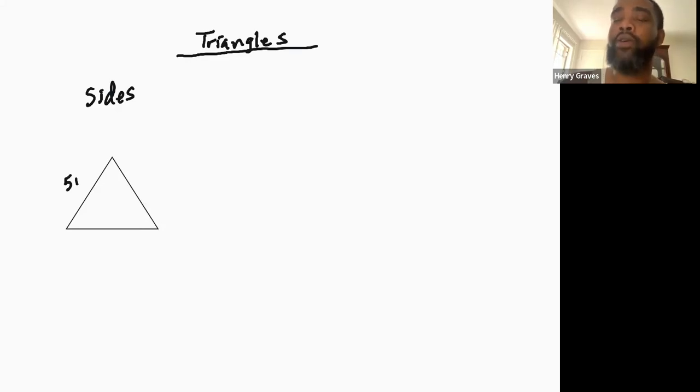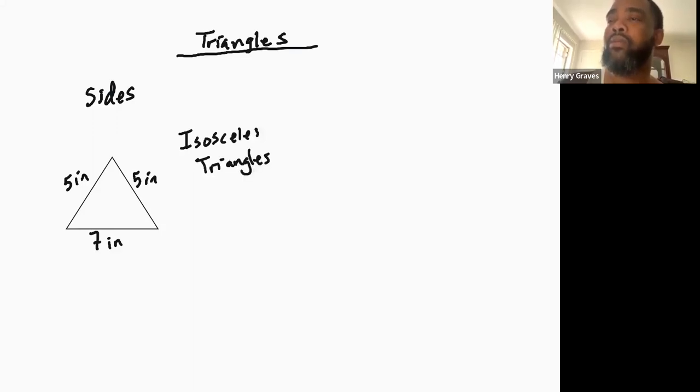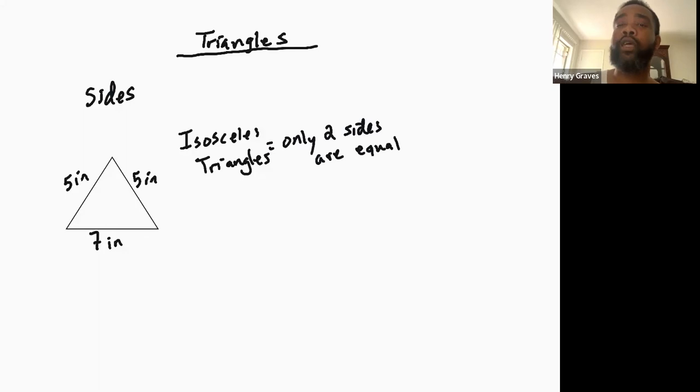This type of triangle would be considered an isosceles triangle, and the reason it's an isosceles triangle is that only two sides are equal. So we're just talking about the sides of a triangle: an isosceles triangle has only two sides equal.